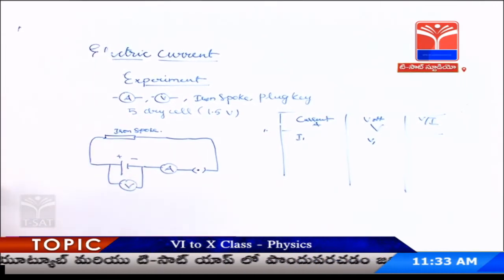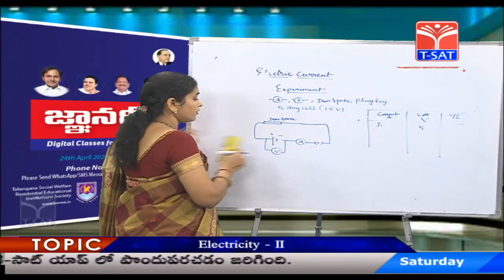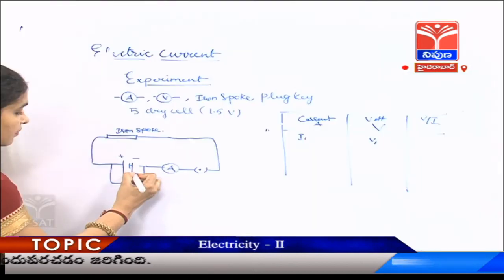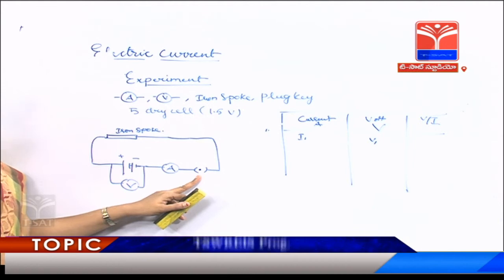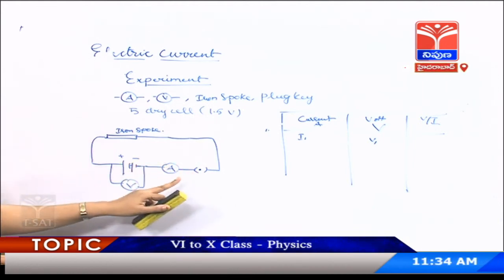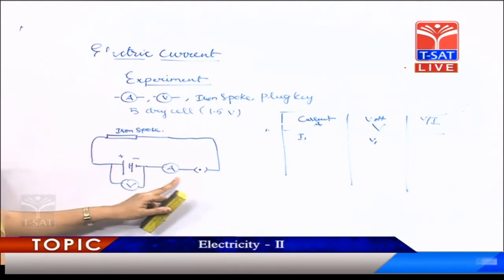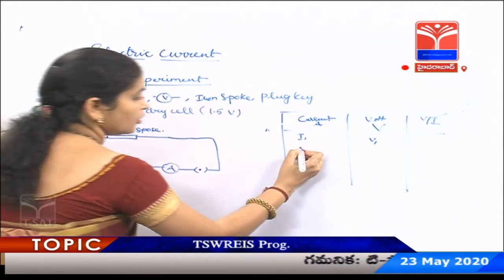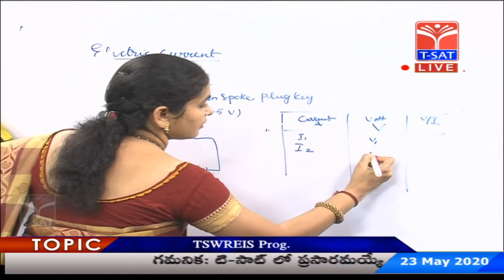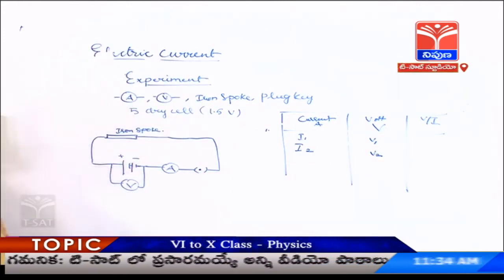Now, in the second case, add one more cell, close the plug key and note down the readings of current from the ammeter and voltage from the voltmeter. Note these readings in the table as I2 and V2.